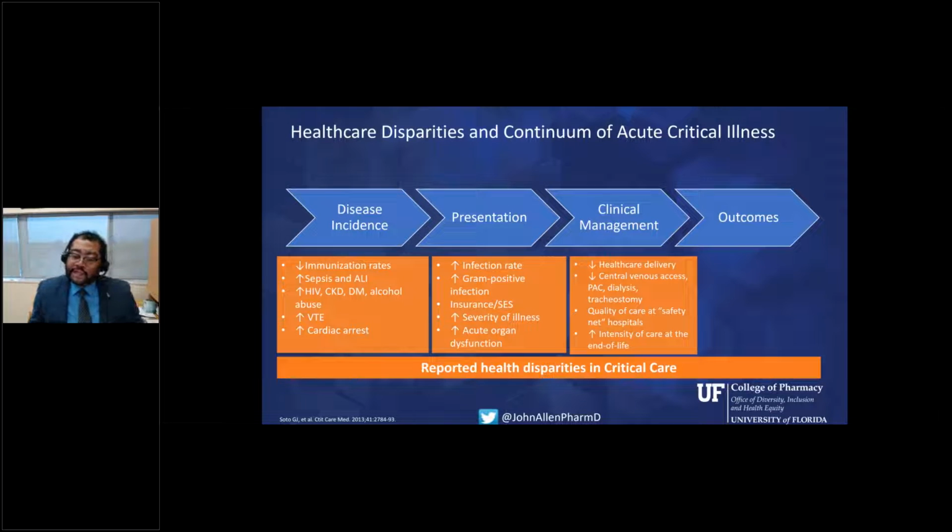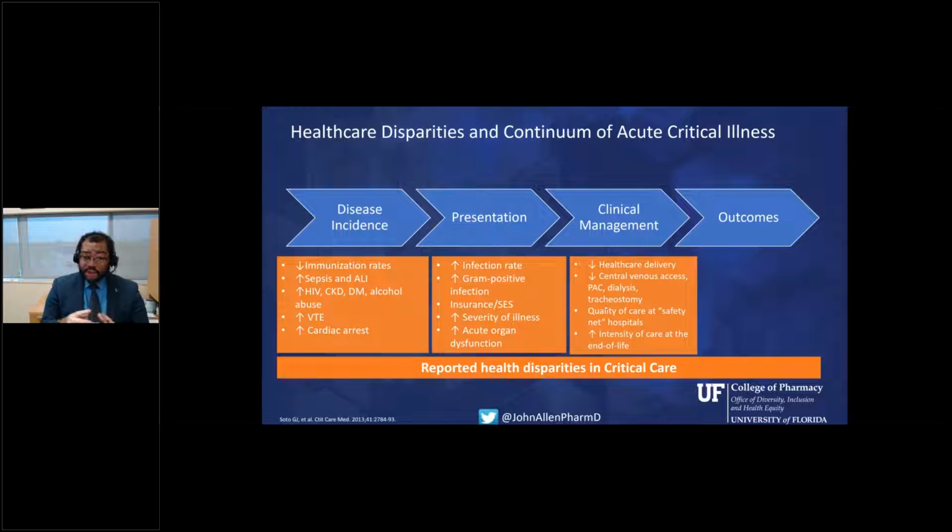There's also data to suggest that racial and ethnic minorities receive different levels or have lower rates of central venous access. Hopefully nobody's using pulmonary artery catheters anymore, but I kid. But pulmonary artery catheters, dialysis, and tracheostomy. Additionally, I talked about it briefly, safety net hospitals.